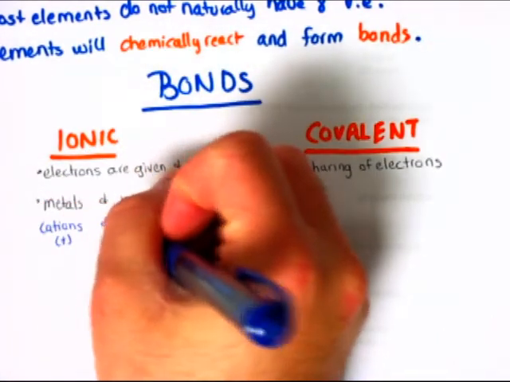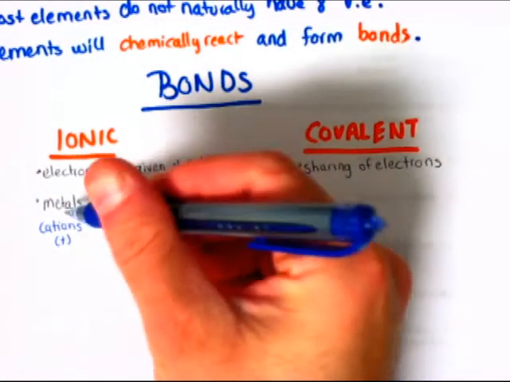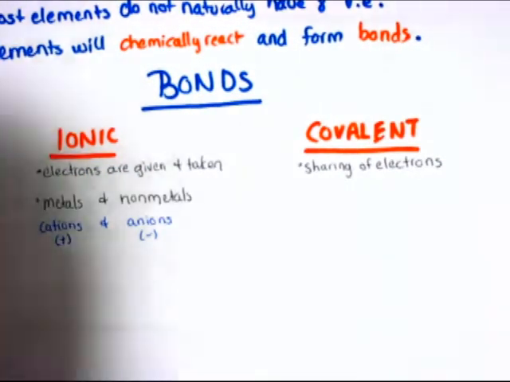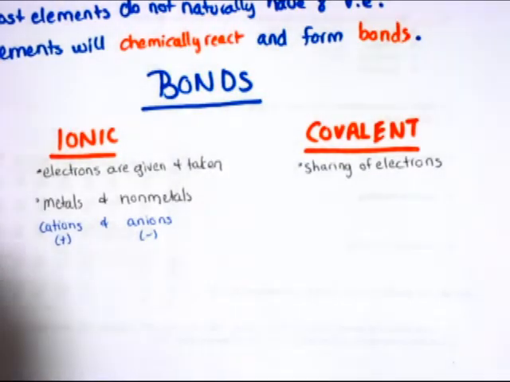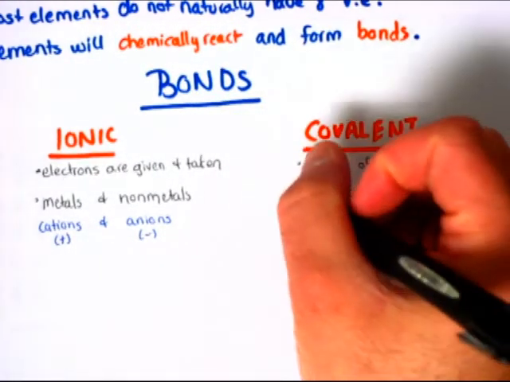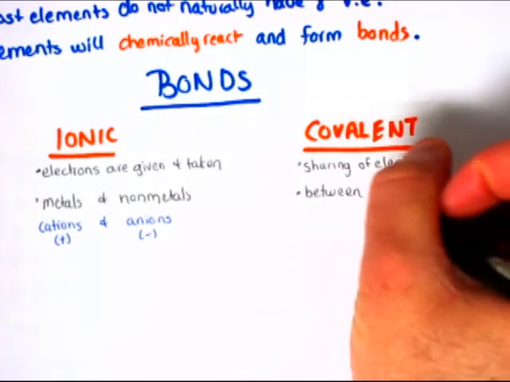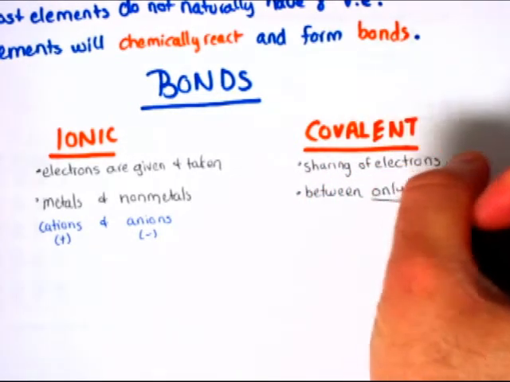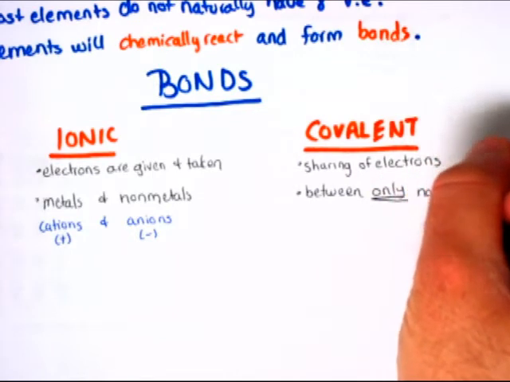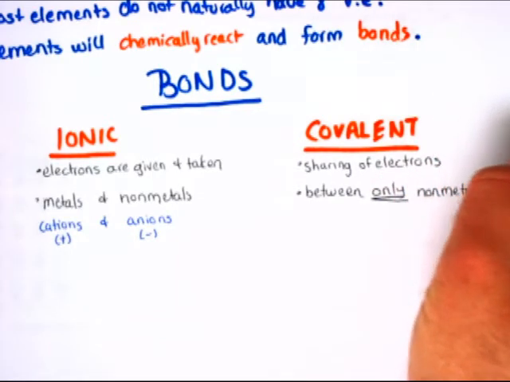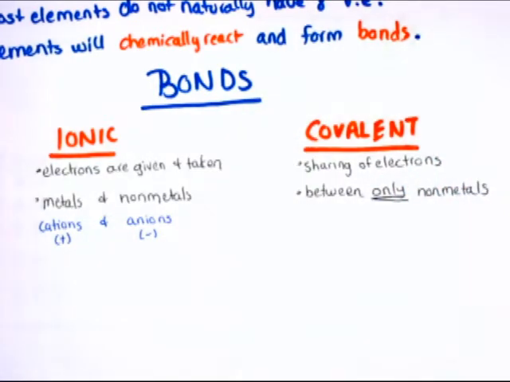Anions are negative. Metals are usually cations. Covalent involves the sharing of electrons. We've already mentioned that. And it is between only nonmetals. Between only nonmetals. Cool?